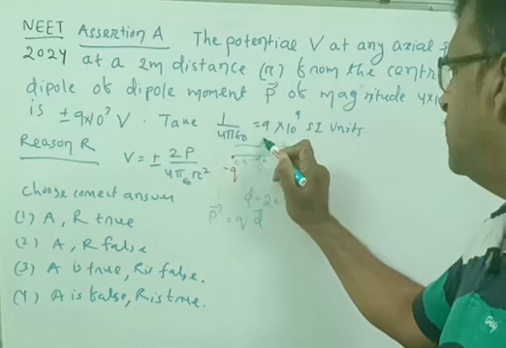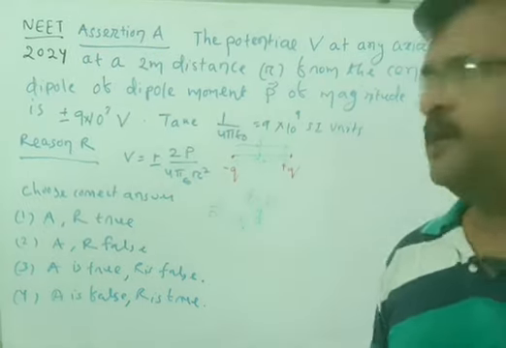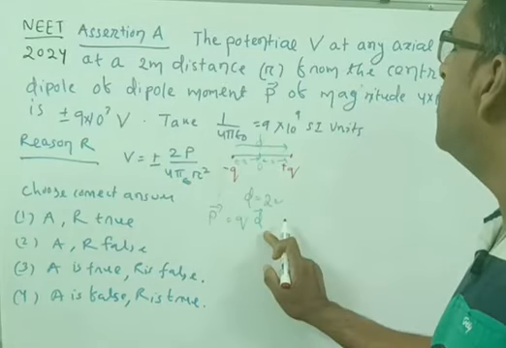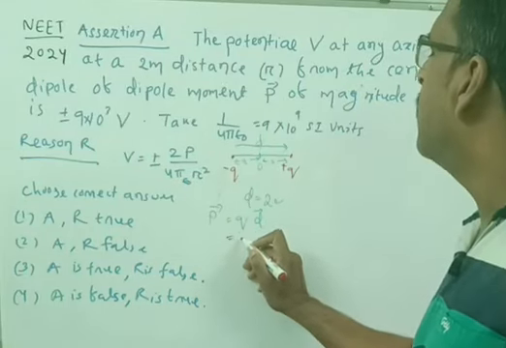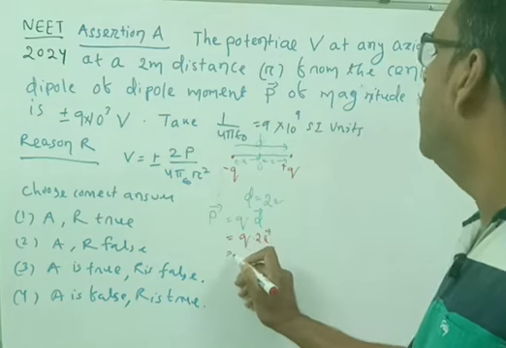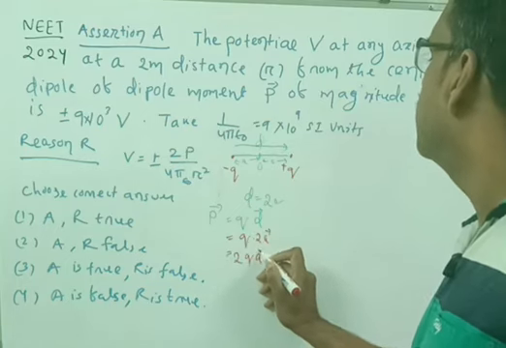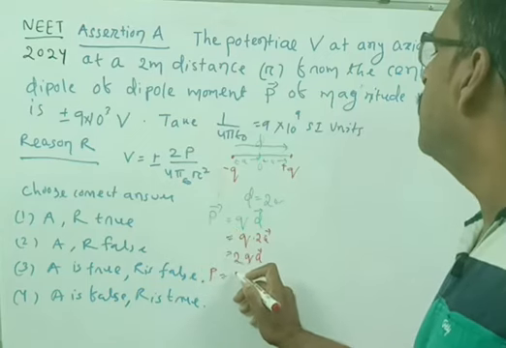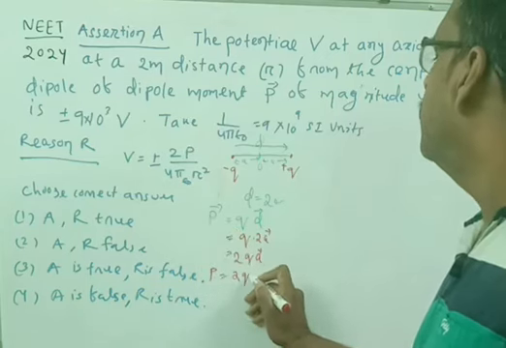This is D. So this is QD, or we may say D is 2A, so we may also write this as Q into 2A or twice QA. So we may write its magnitude as P is equal to twice QA.